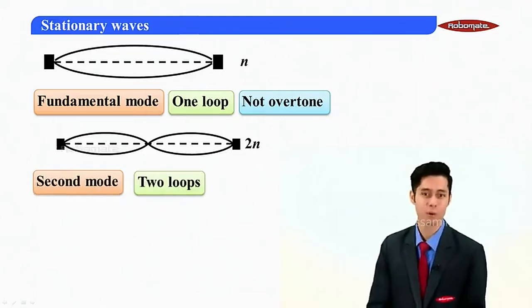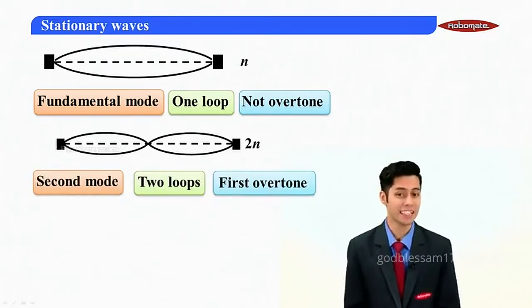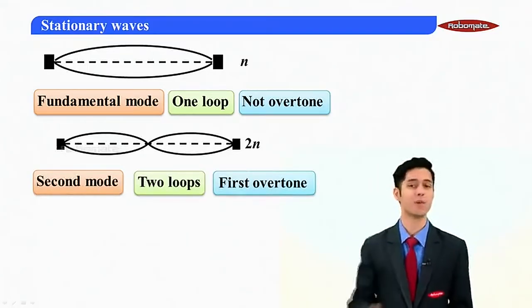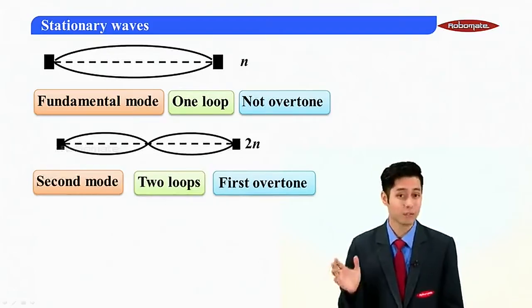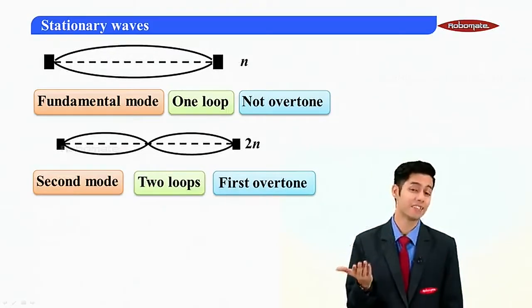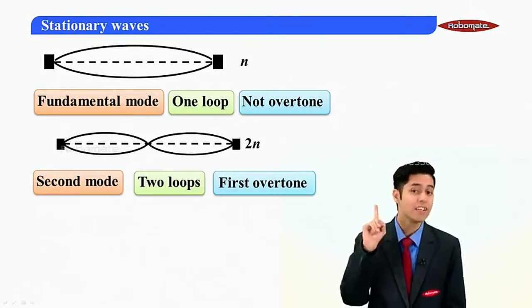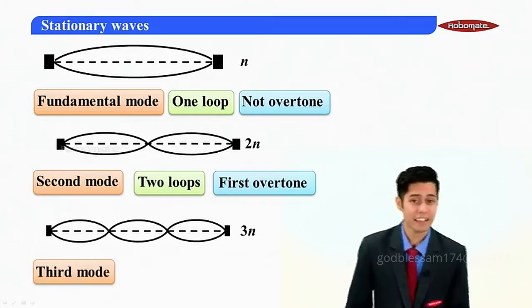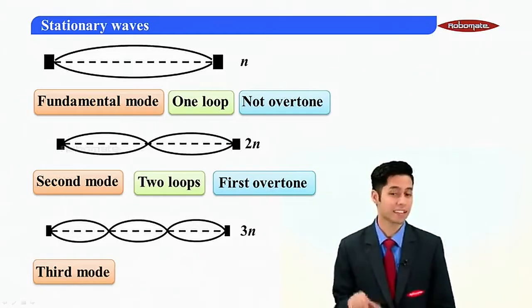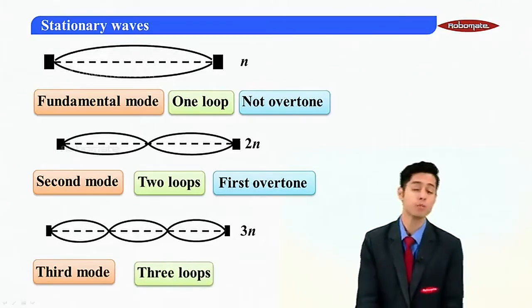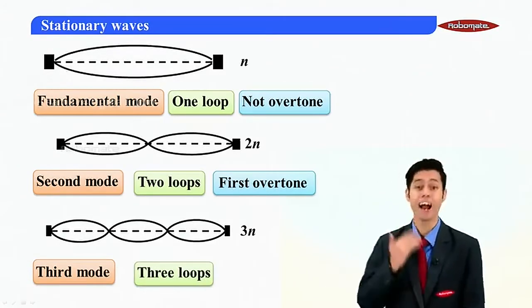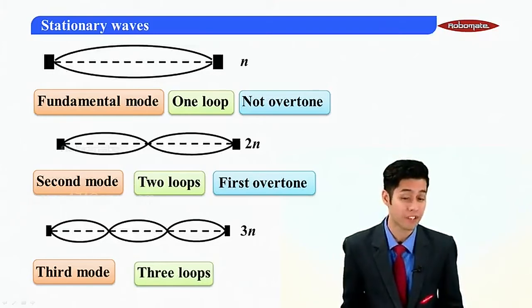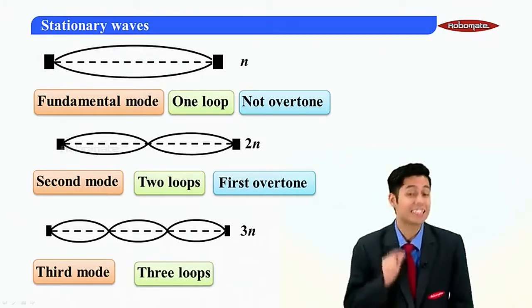I know this is the second mode where there are 2 loops, and this will be the first overtone, since it has a frequency greater than the fundamental frequency, and this is the first case, that is why first overtone. In the second case, where I have 3n, that means the third mode where 3 loops are formed, and this is the second higher frequency greater than the fundamental frequency, hence it is the second overtone.